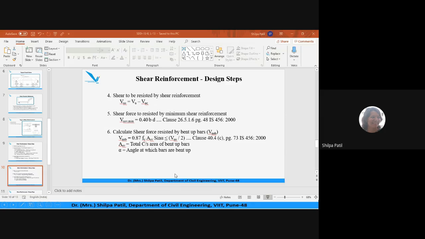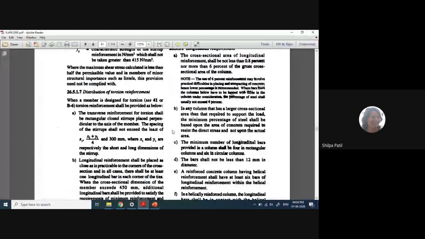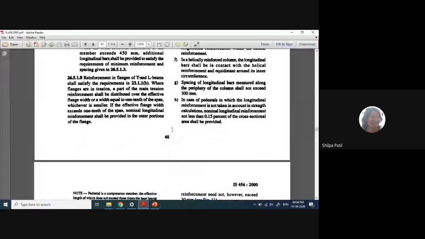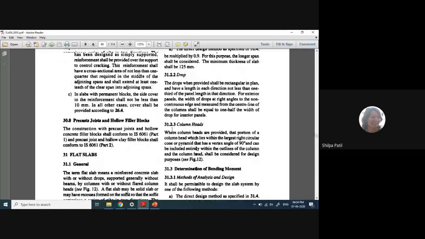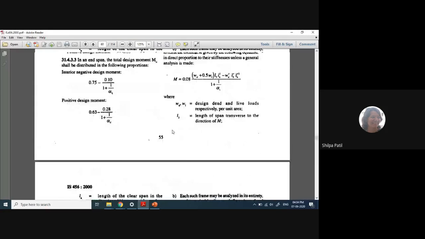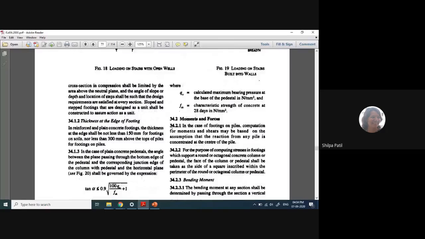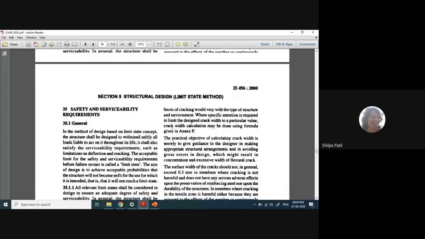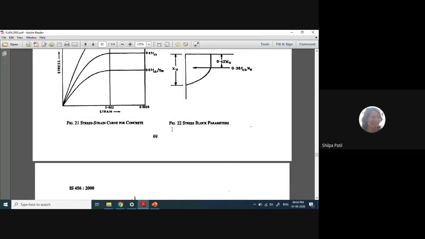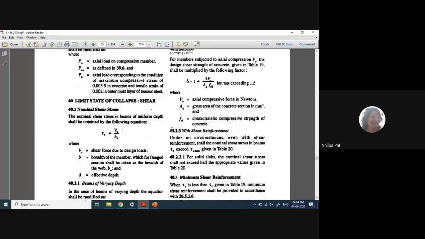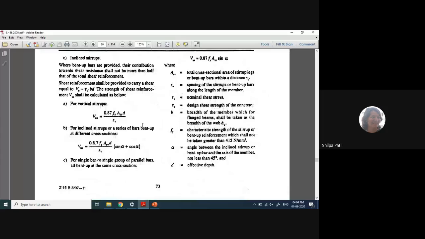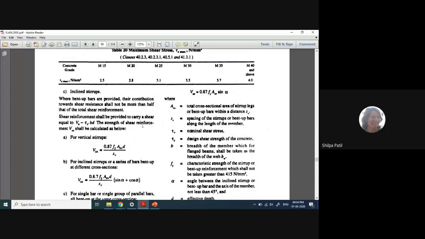So I will go to page number 73 again here. Okay, here is the formula.